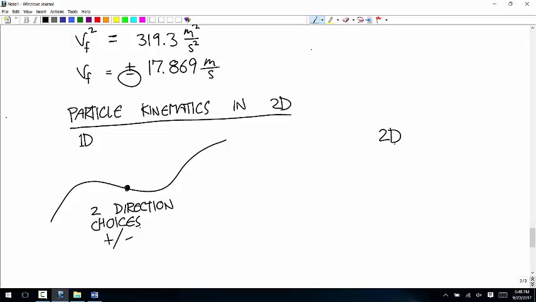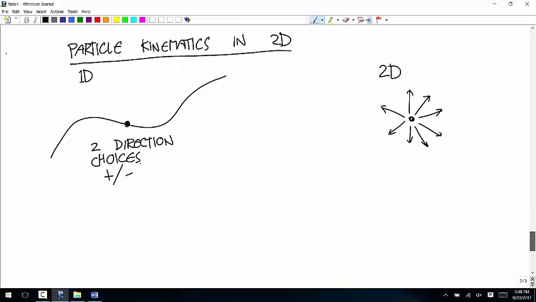2D, particle here can go in infinitely many directions. So any direction in the plane, and obviously there aren't enough signs to specify directions in that case. We need a new mathematical thing to represent directions. So there's infinitely many direction choices.